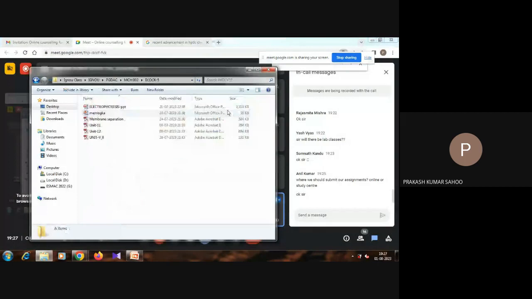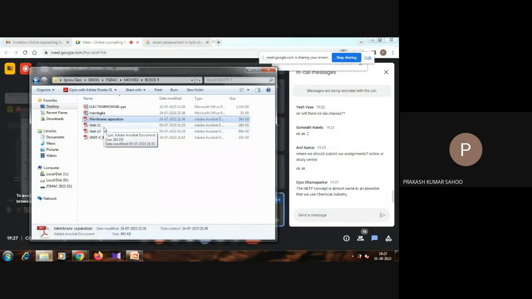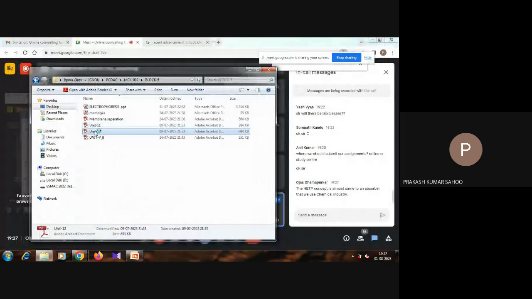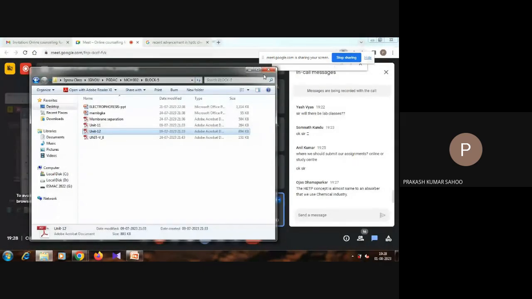Then the next unit will be membrane separation, unit 11, and the last one will be electrophoresis. So we have only 3 days left, that is the second, third, and fourth.